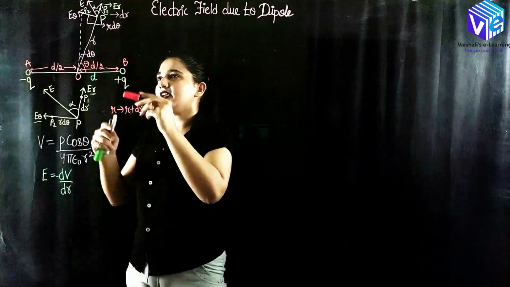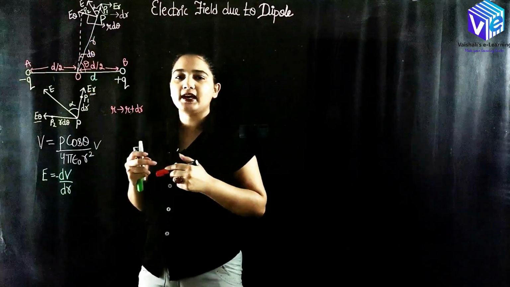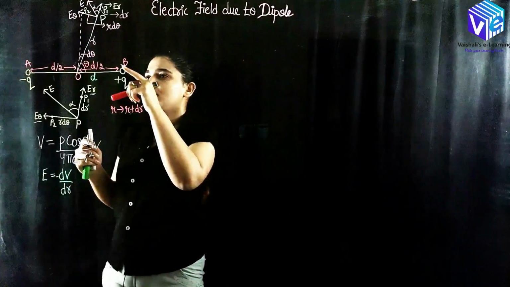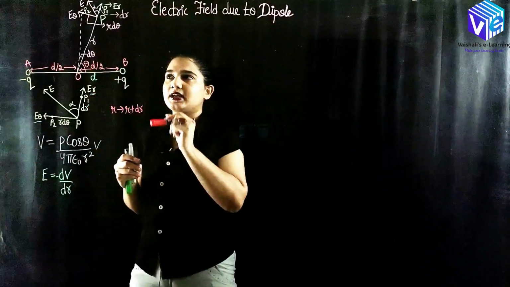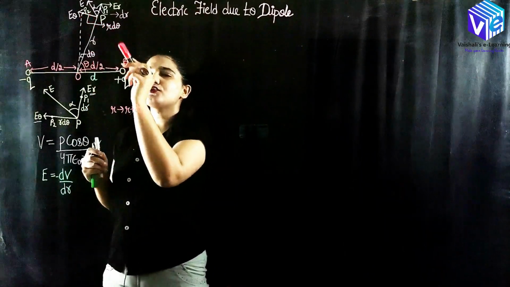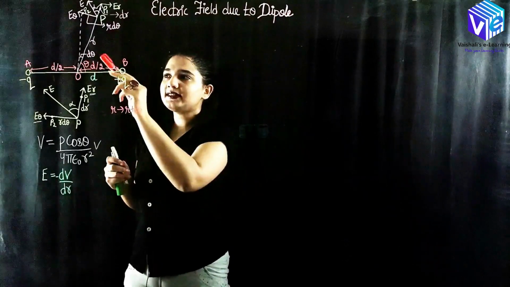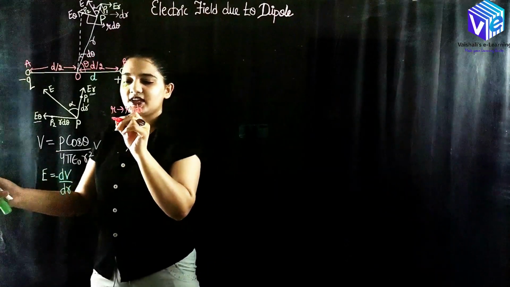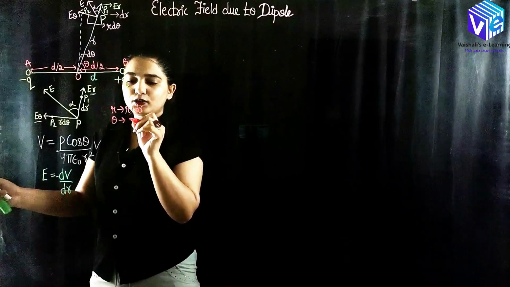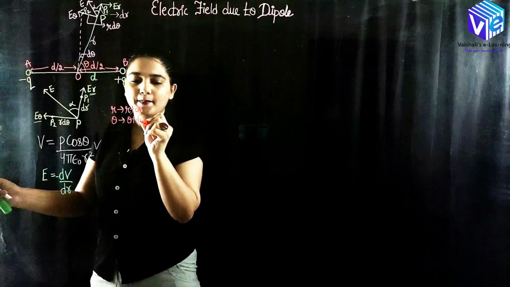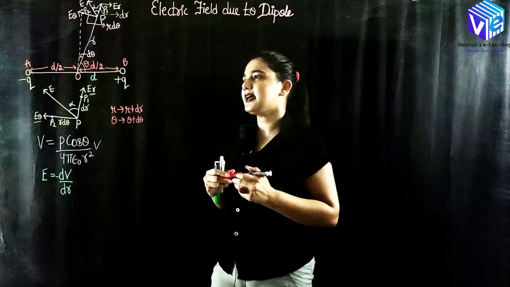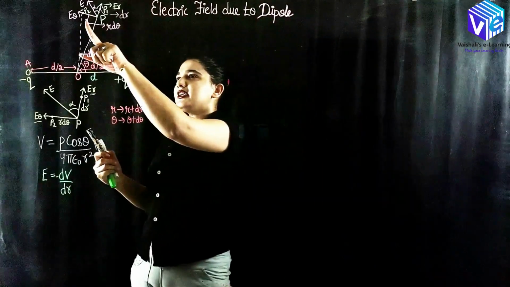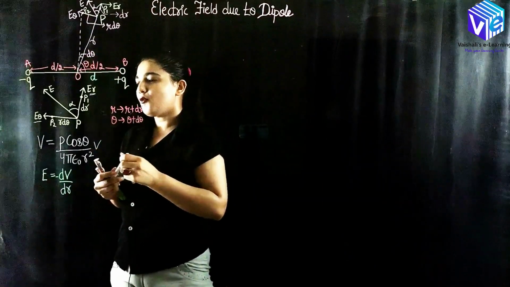Now if I am moving along E theta in the transverse direction, then what is changing? Theta is changing. You can see R is almost constant, only theta is changing, from theta to theta plus d theta. Now if I need to find PP2, what is PP2?